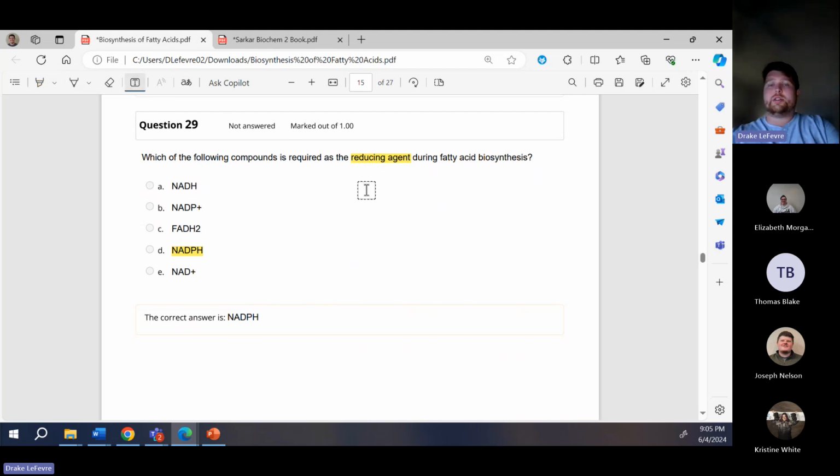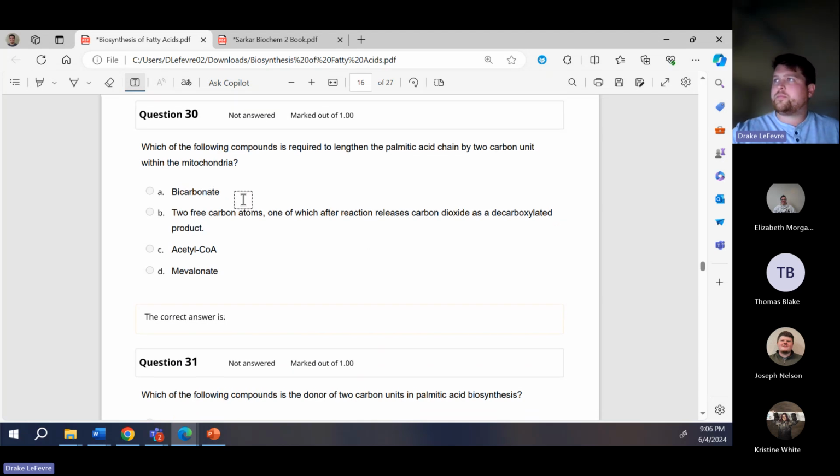The reducing agent gets oxidized, so it gives away electrons, it gives away a hydrogen. The oxidizing agent gets reduced. In dehydrogenase reactions we have oxidizing agents, whereas in synthesis reactions we have reducing agents.